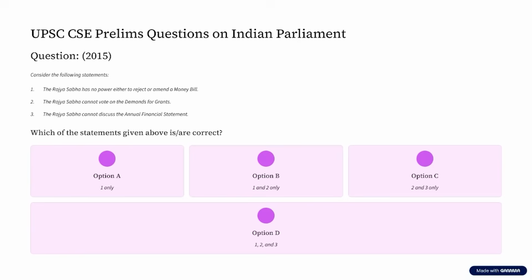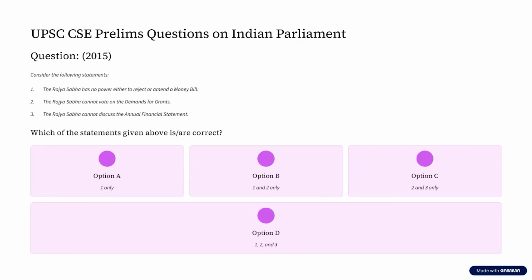Now, what is the term of Rajya Sabha? Rajya Sabha specifically has no term because Rajya Sabha is a permanent house. It is not going to get dissolved. But then, what about the term of members of Rajya Sabha? It is 6 years. After every 2 years, one third of the members of Rajya Sabha are going to retire.